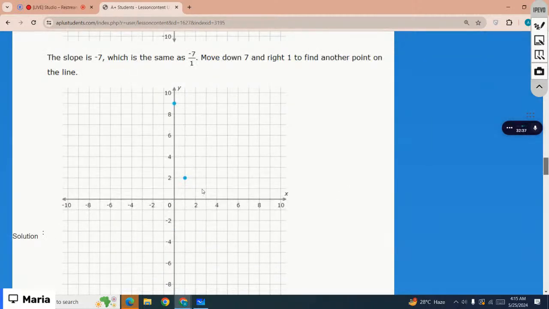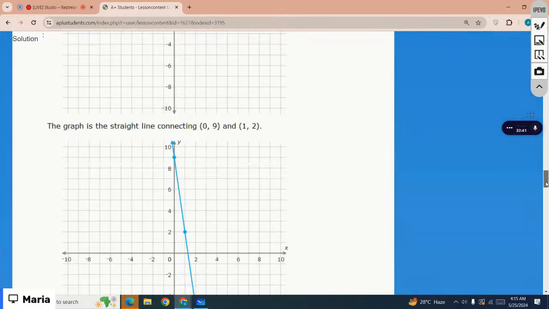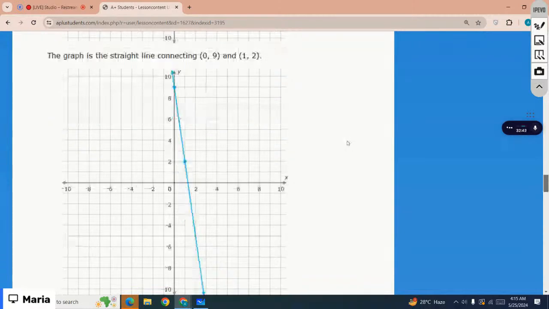That's exactly the same points, right? So you have to join these points and make a straight line.